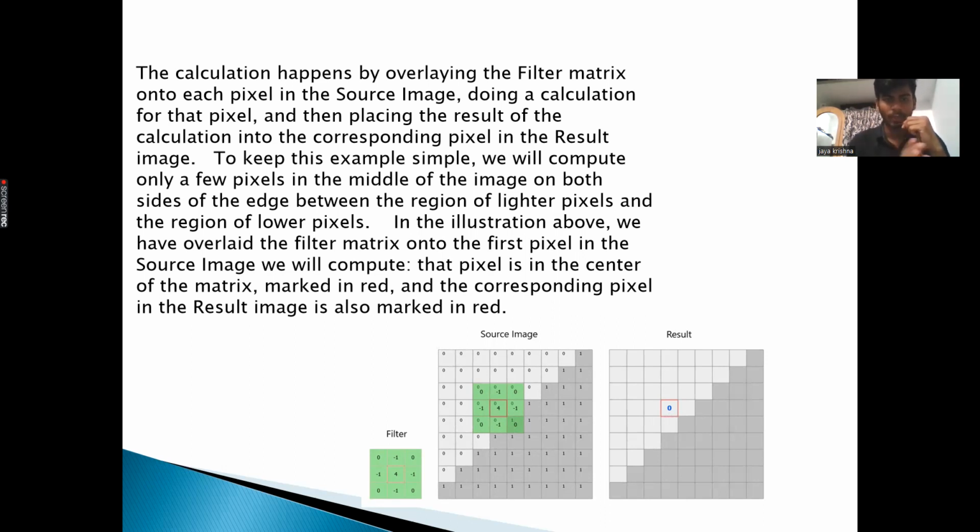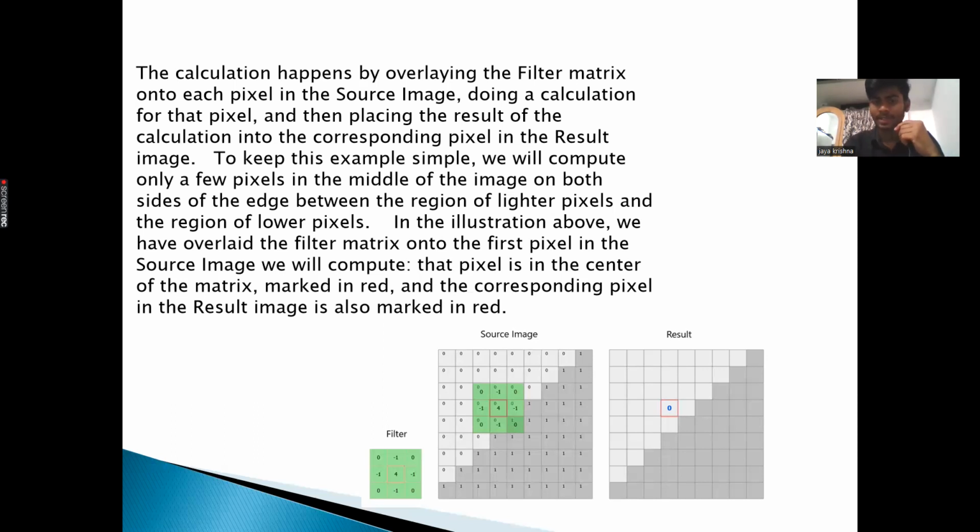So these are the examples, to keep it simple: lighter pixels and darker pixels. In the illustration above, we have overlaid the filter matrix onto the first pixel in the source image that we will compute.